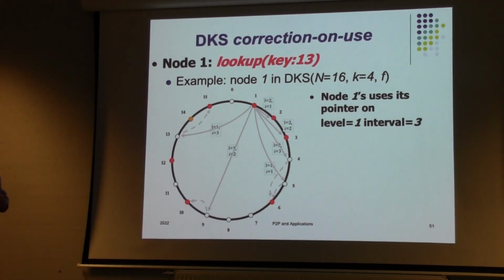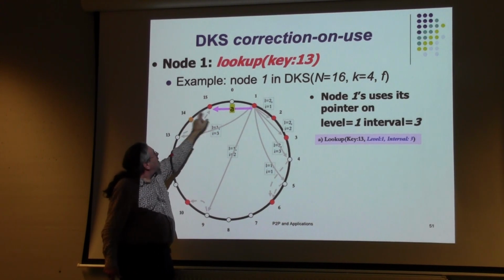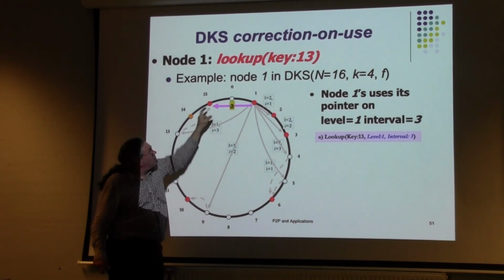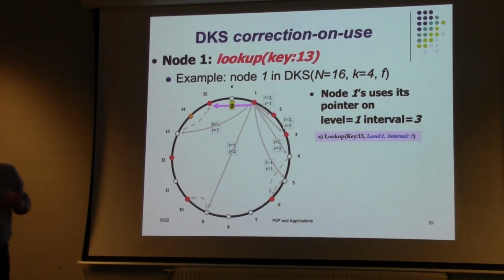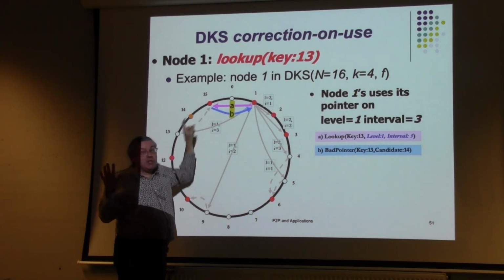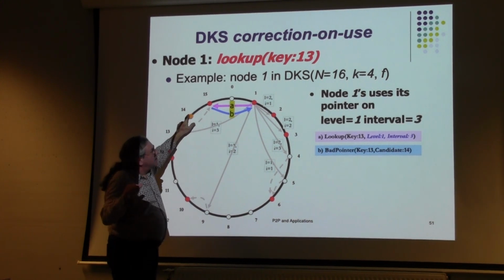The 14 has joined. So this is how it works. Node 1 doesn't know that, and node 1 sends a message to node 15, the purple arrow. But 15 says, no, that's wrong. It's not me you want, it's this one.